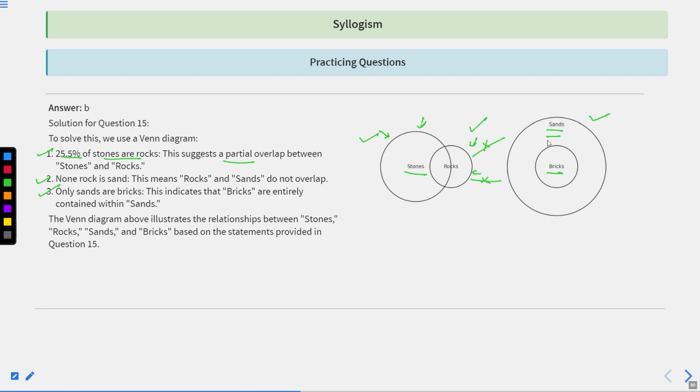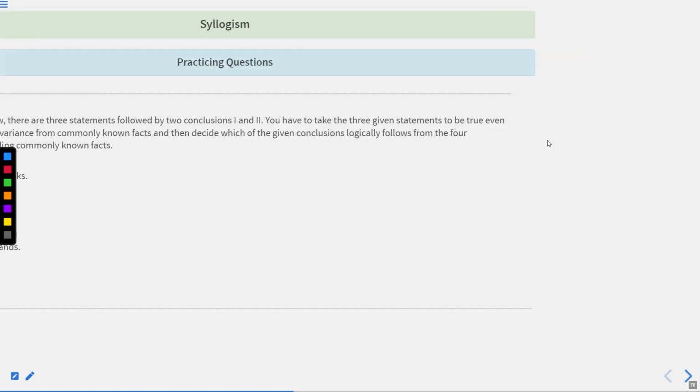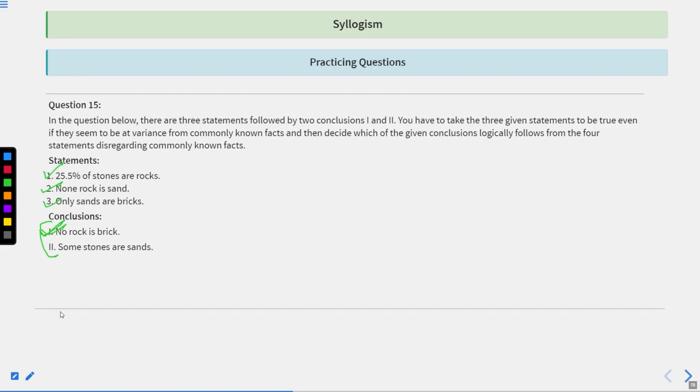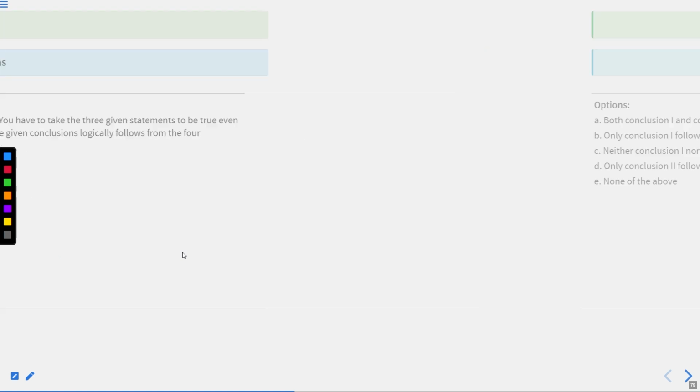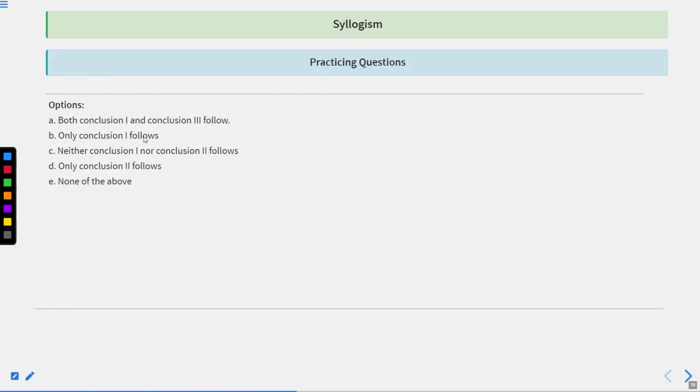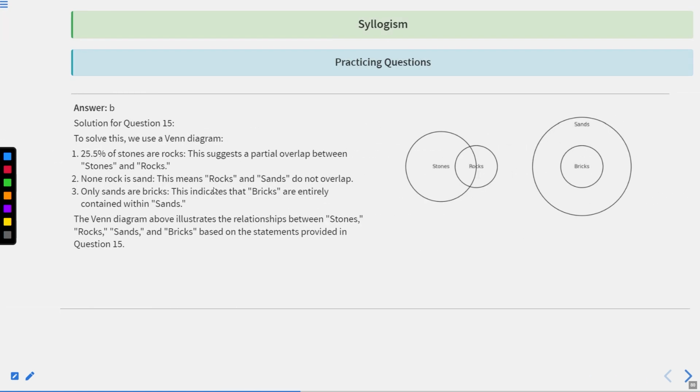My dear students, there is no linkage, no relation between sands and stones, meaning conclusion 2 is not correct according to the inferences that we have drawn through the Venn diagram as well as through the statements provided, which means that only conclusion 1 is correct. So only conclusion 1 follows.